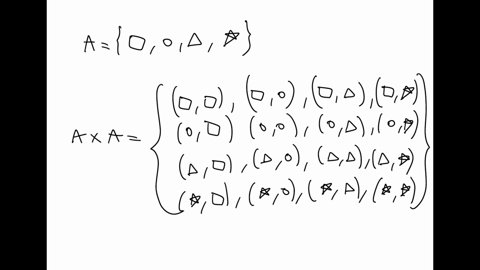A tuple is a generalized term for pair, because a pair is implied to be 2, a triple is 3, and so on. All these are called tuples. If you have n terms, it's called an n-tuple. So when n equals 2, it's a pair.